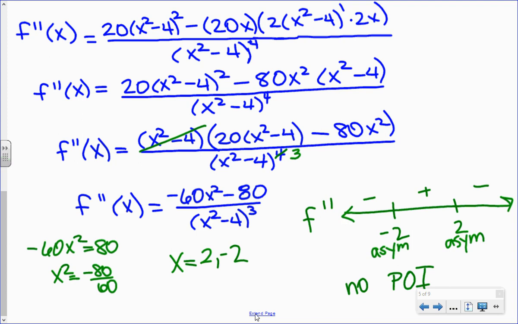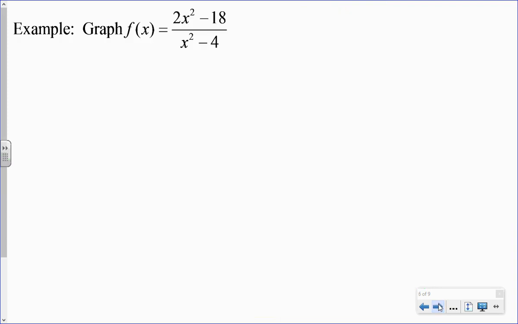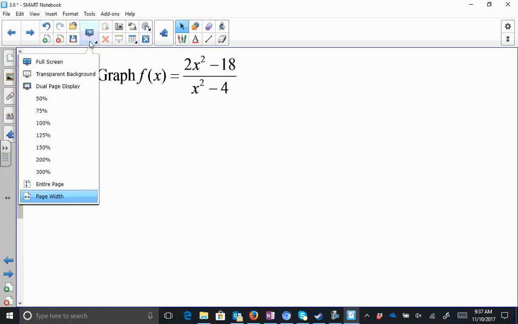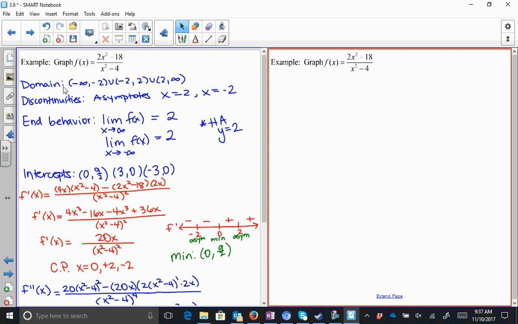All right, here it is, ladies and gentlemen. We're going to make this graph, and we're going to make it way more accurate than we've ever been able to. Okay, so we're going to have to scroll a little bit, but that's okay.